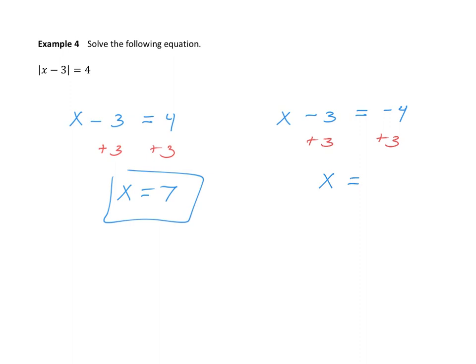This time we get x is equal to negative 1. But this works too. If you put negative 1 in place of this x, negative 1 minus 3 is negative 4, and then the absolute value of negative 4 is equal to positive 4. So here's our strategy. To solve this equation, set up 2 new equations to get 2 different solutions.